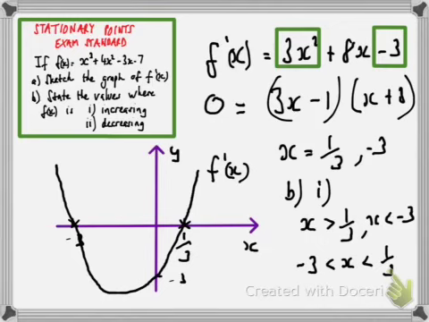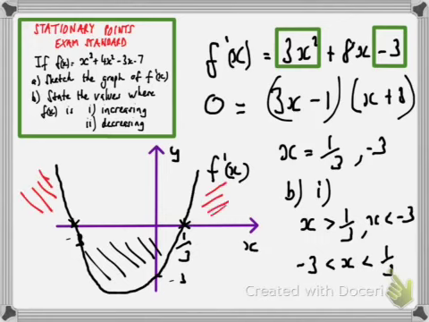Okay, underneath here, between negative 3 and a third, we've got negative gradients, therefore the function is decreasing. Over here and over here, that is less than negative 3 and greater than a third, we've got positive gradients, therefore the function is increasing.